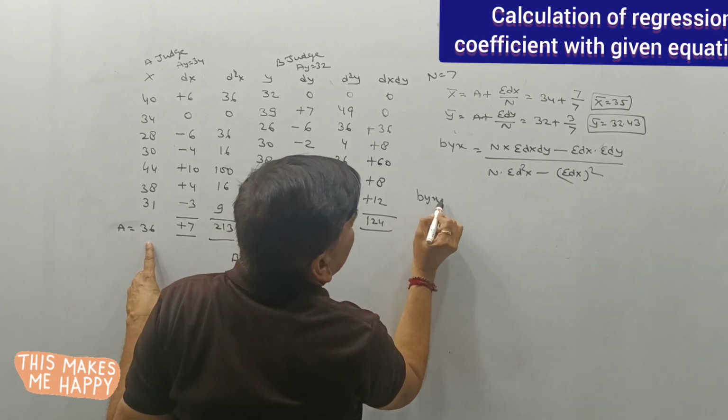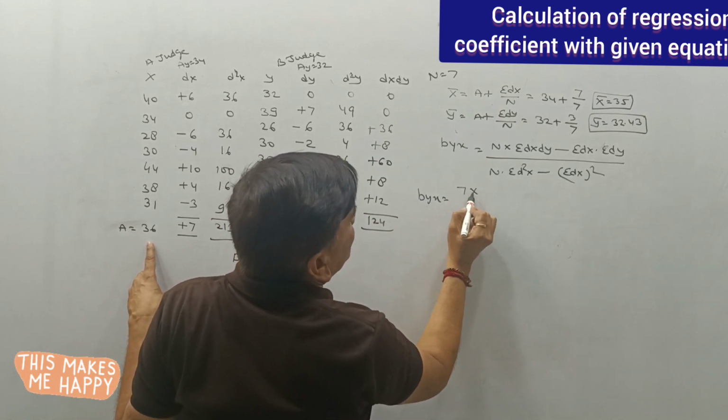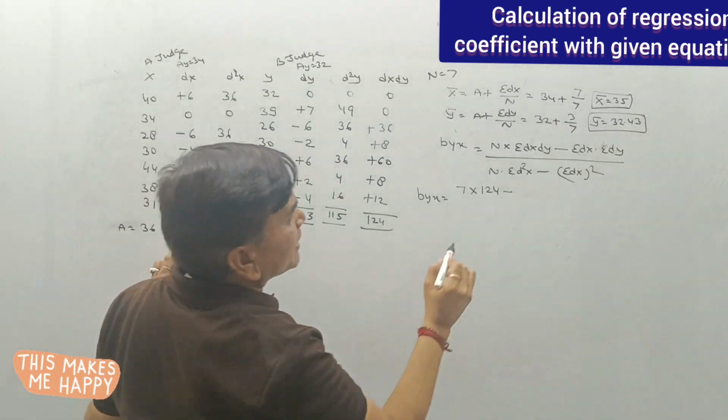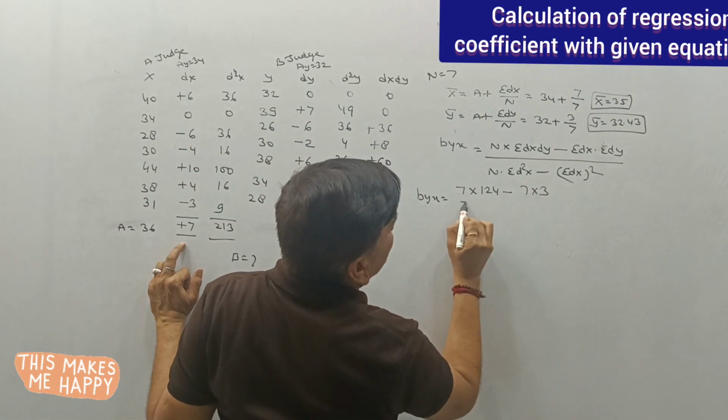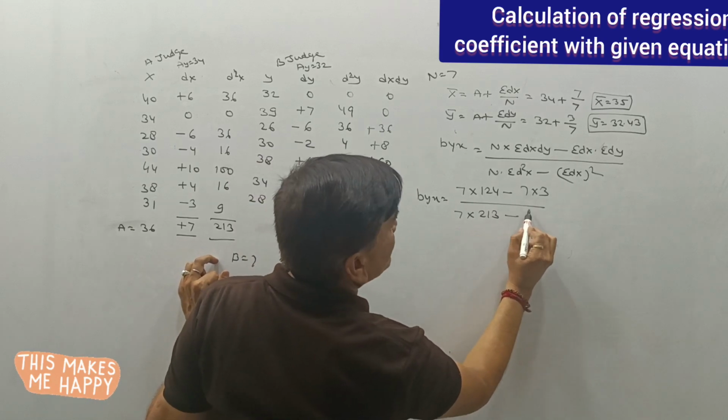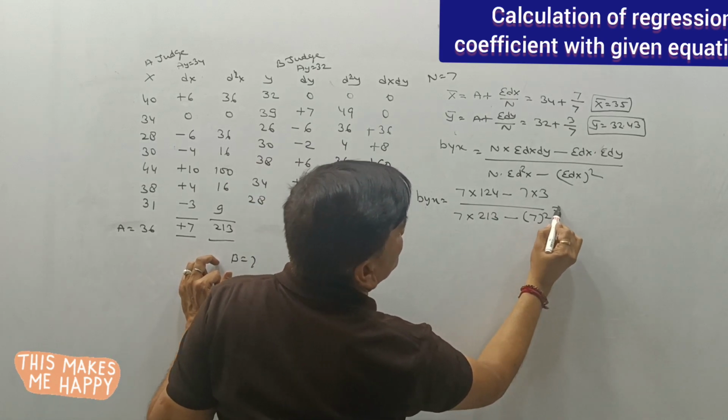So byx value is 7 multiply 124 minus 7 multiply 3, divided by 7 multiply 213 minus 7 raised to power 2.